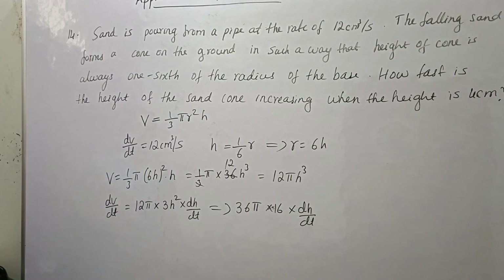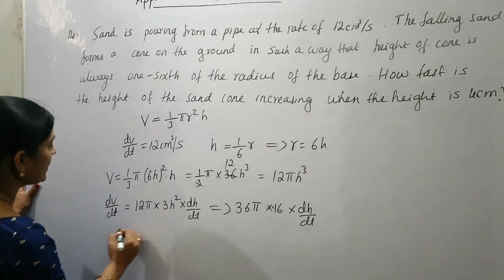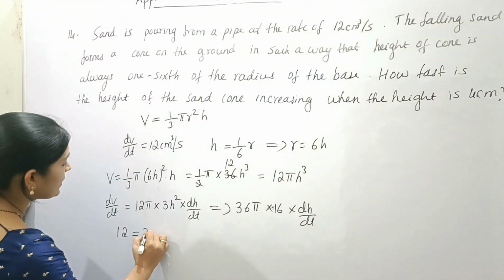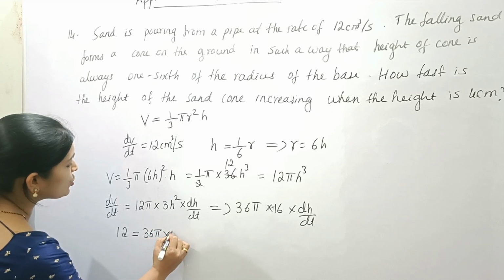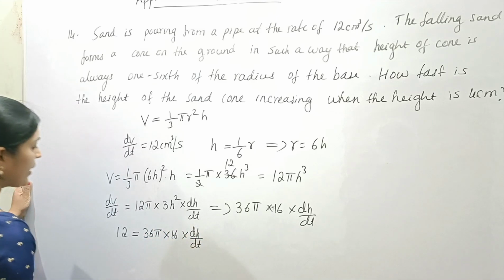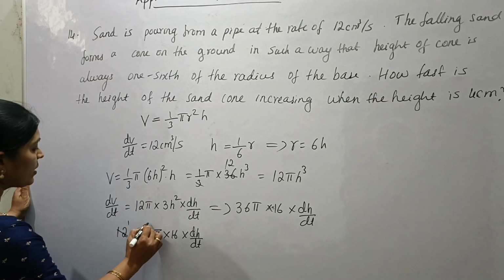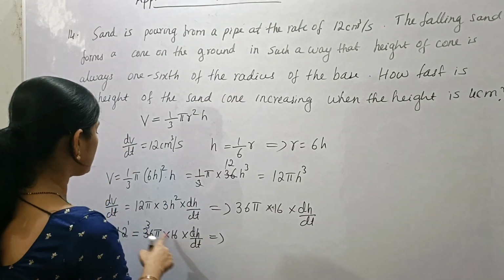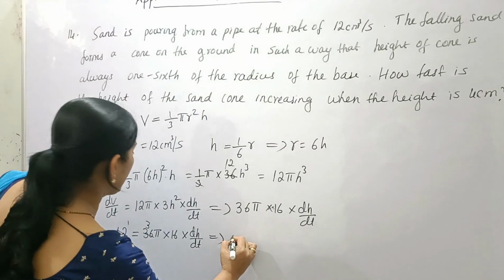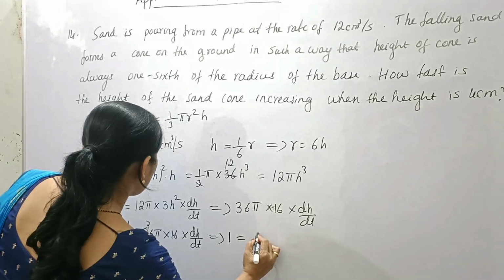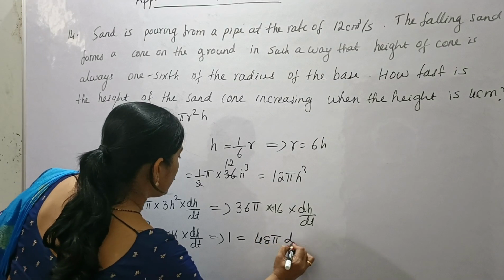What is dV/dt? Here dV/dt is given, so 12 is equal to 36 π into 16 into dh/dt. Twelve ones are 12, three threes are 36, and 3 into 16 is 48. That implies 1 is equal to 48 π dh/dt.